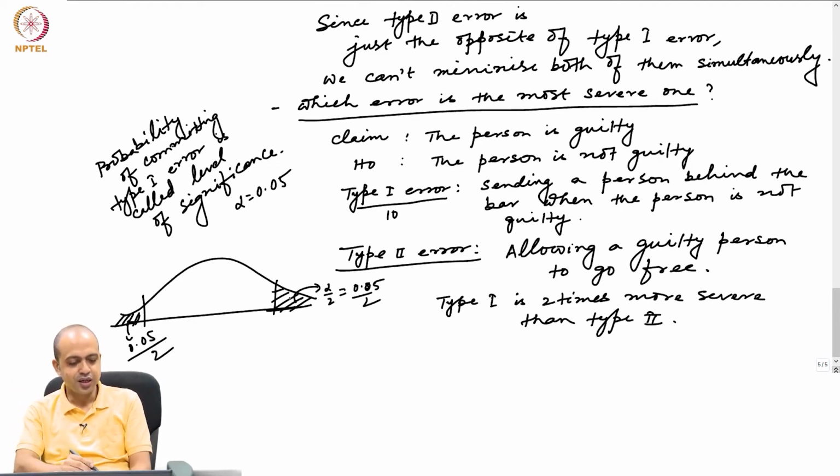That is the meaning. And then you minimize, keeping type 1 error at a pre-specified level, and then minimizing the type 2 error is the actual procedure. So, in the process we will allow maximum 10 type 1 errors to be committed. Lower is better.